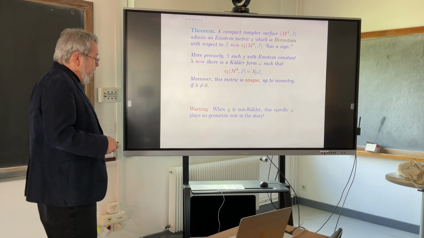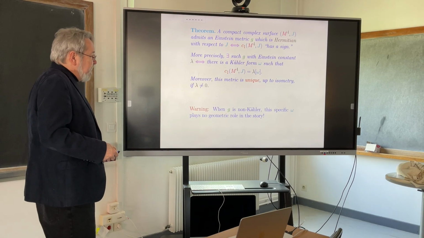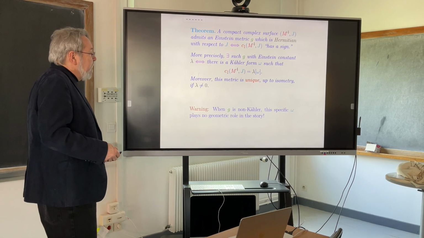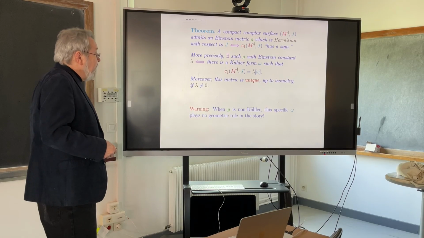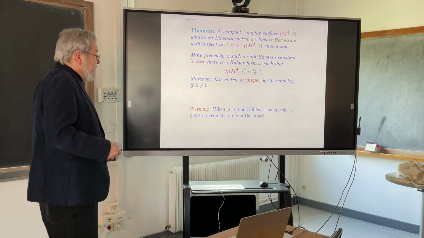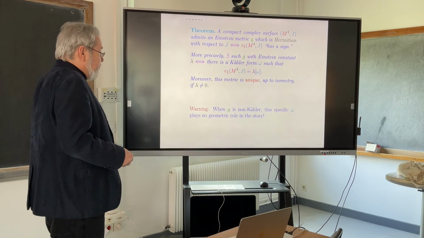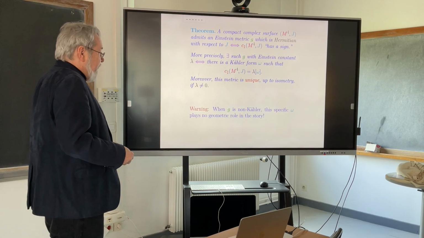So the confusing point about this way of stating it is, here you would imagine there's a Kähler form, and actually some of these solutions will turn out not to be Kähler metrics, and this will not be related to the metric. It's not its Kähler form, it's not a Kähler metric.